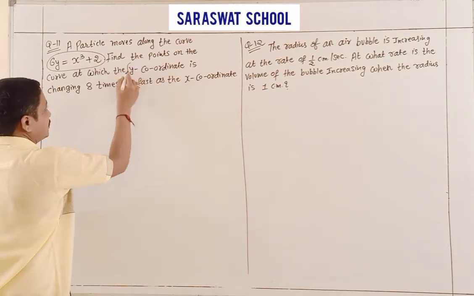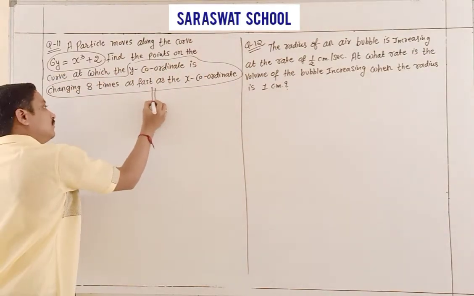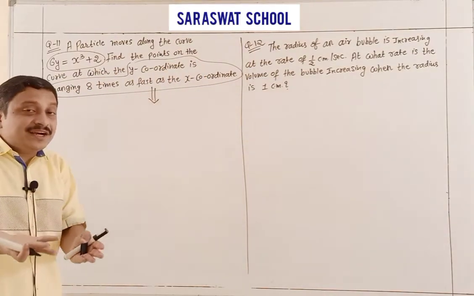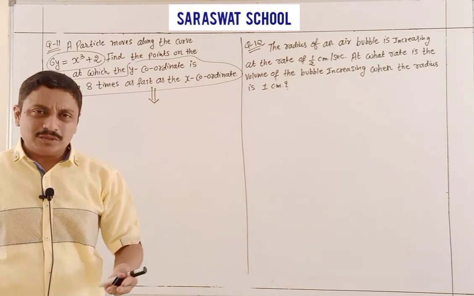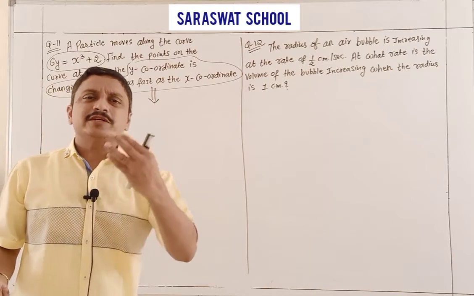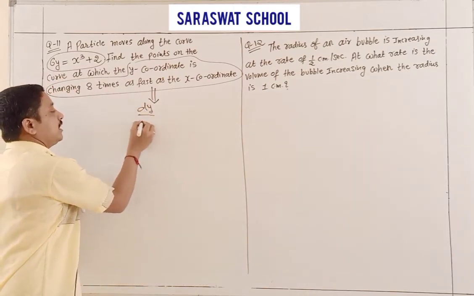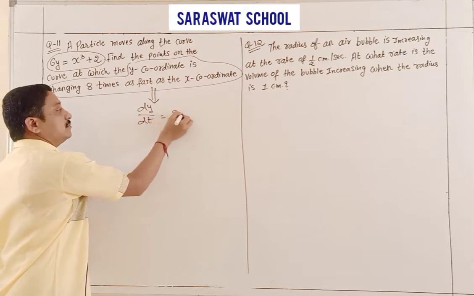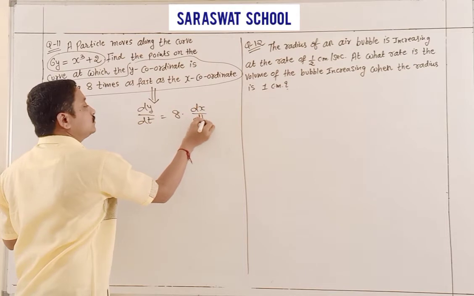This meaning, students, you just highlight. What is the meaning? The y coordinate is changing with respect to time, or any variable, but I take time. So dy by dt is 8 times the change of the x coordinate, dx by dt.